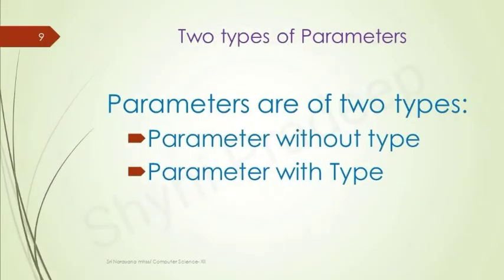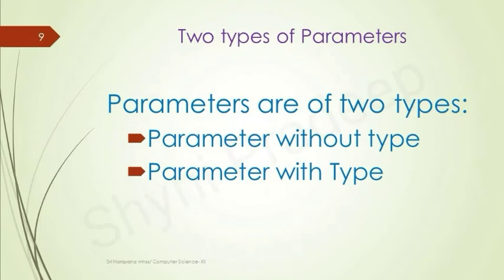What are they? Parameter without type and parameter with type. Parameter without type means not having a data type. Parameter with type means having a data type. Okay. So let us discuss them one by one.